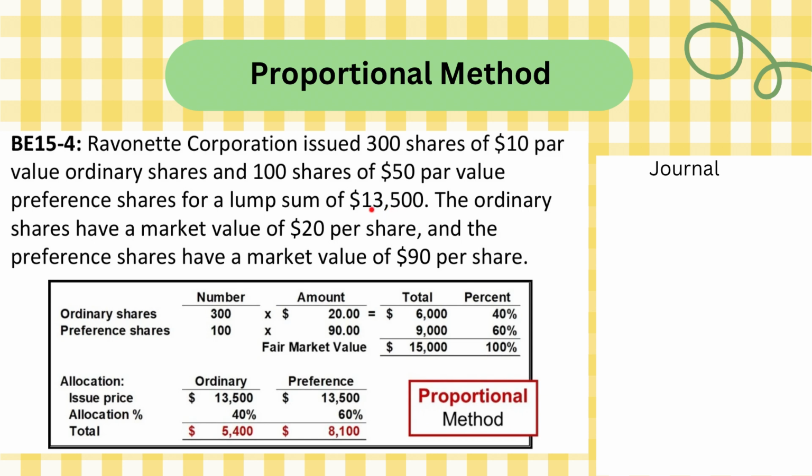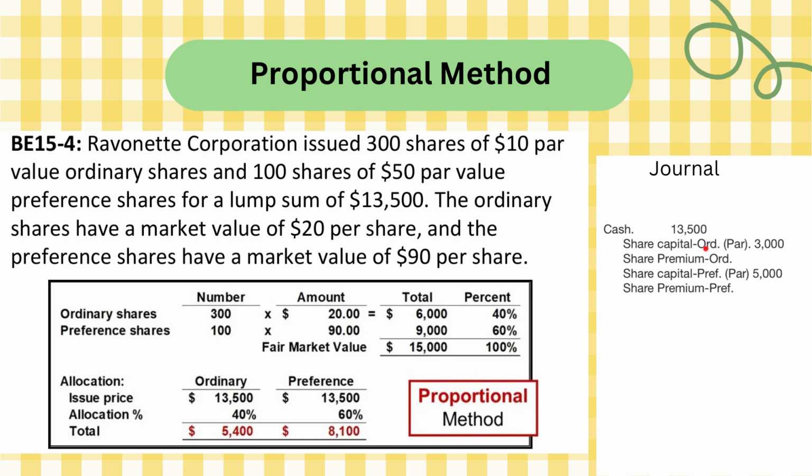So I'm going to allocate the 13,500 to the ordinary and to the preference as follows. As you can see here, the cash I'm going to receive at issuance is the lump sum price, which is 13,500. Now share capital ordinary and share capital preference will be recorded at par.